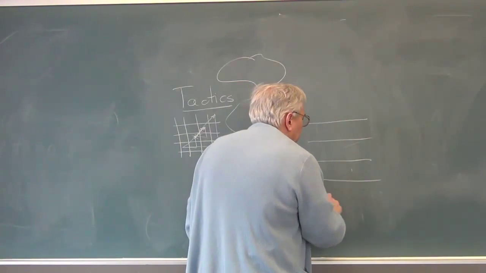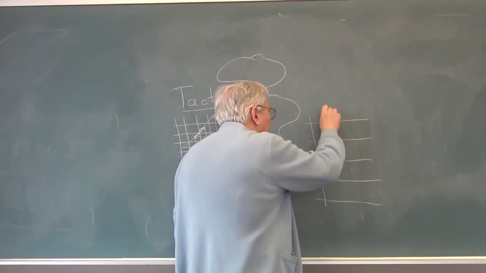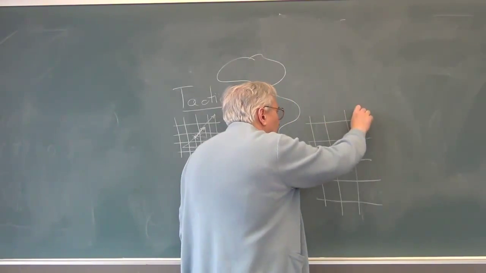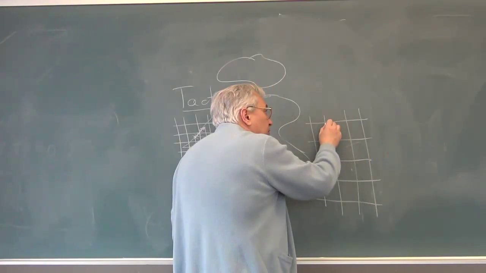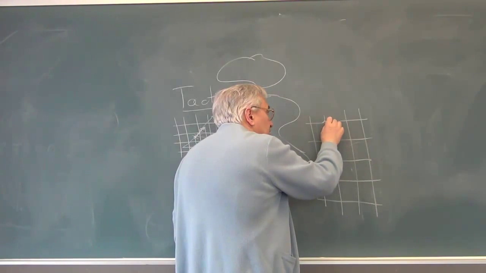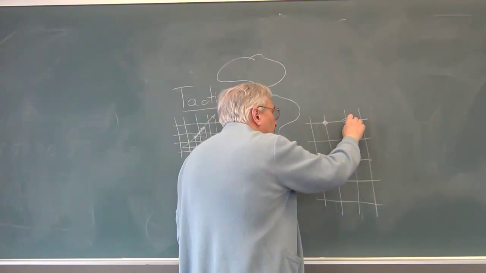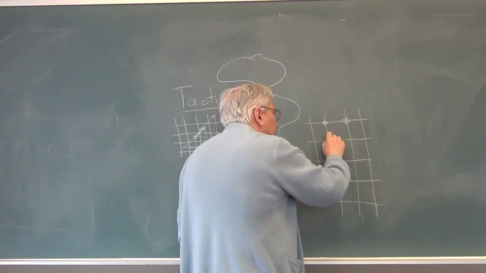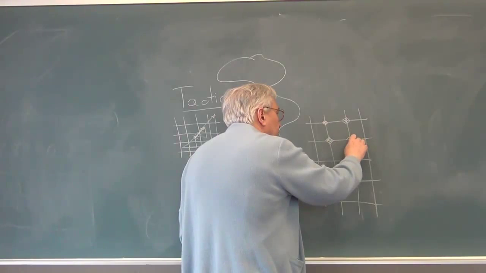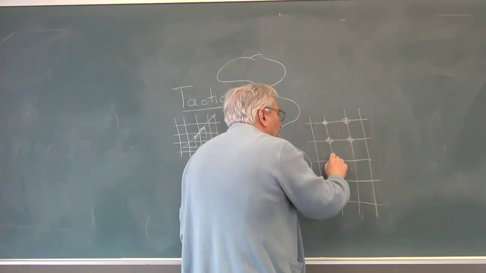What's the significance here? Well, here is a square grid, and what I will do is take each vertex and expand it into a little square. Now, why are little squares significant?